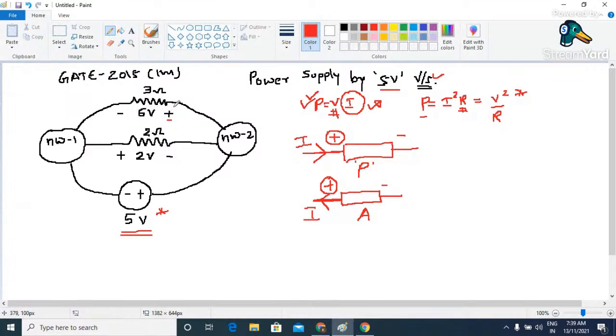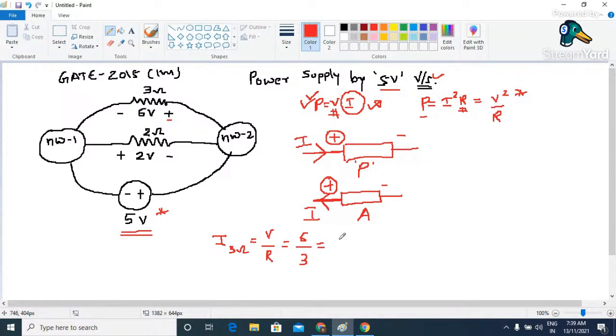Obviously, if we want to find out the magnitude of current flowing through this particular resistor, that means the current flowing through the 3 ohm resistor, it is simply the application of Ohm's law, which is equal to V by R. So what is the value of V across the 3 ohm resistor? It is nothing but 6 divided by R, and in this case R is 3.